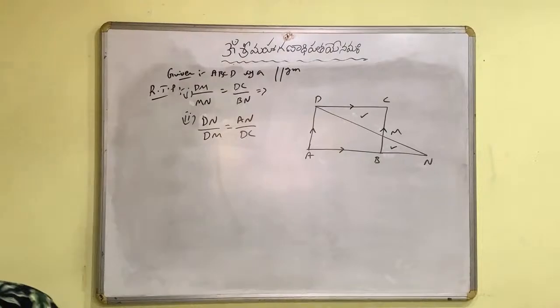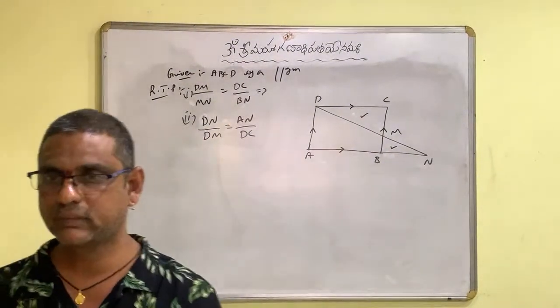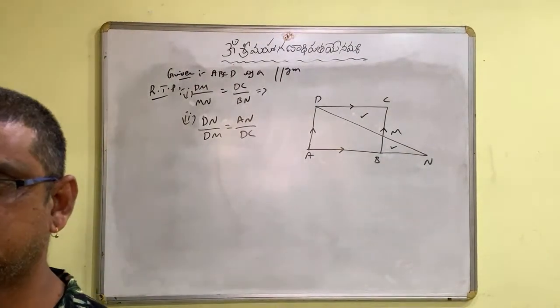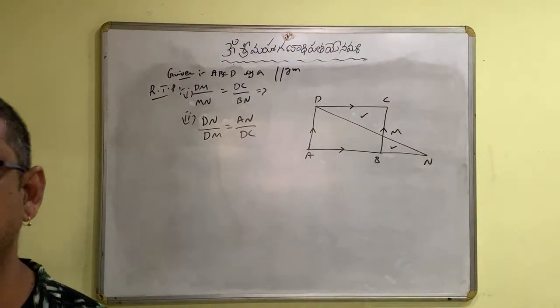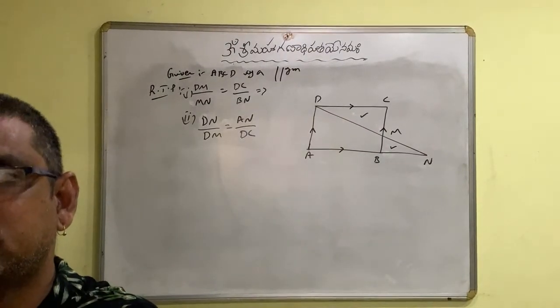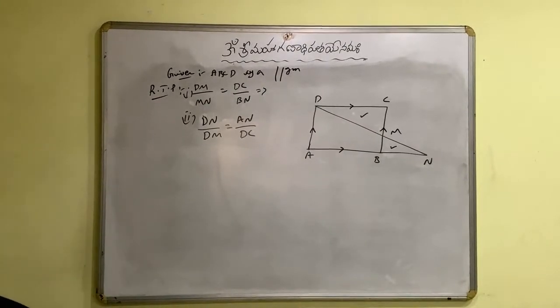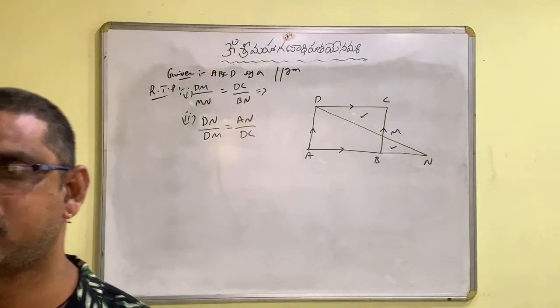Okay now, you tell me, are these two triangles similar? Are they similar, children? Yes. How are they similar?